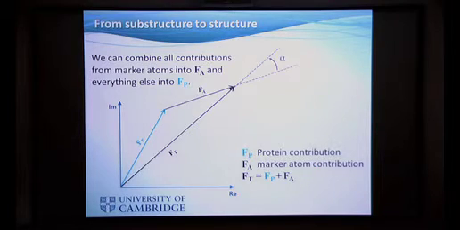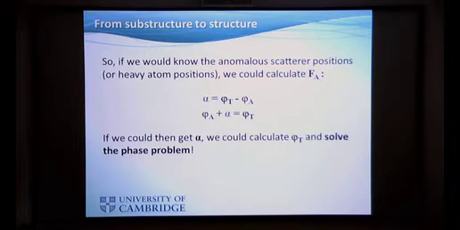Now, if we look at those between Ft and Fa, we can assume there's an angle. We call this angle alpha. Alpha would then be the phase of T minus the phase of A, or the phase of A plus alpha would give us the phase of the total structure factor, which is what we want in the end.